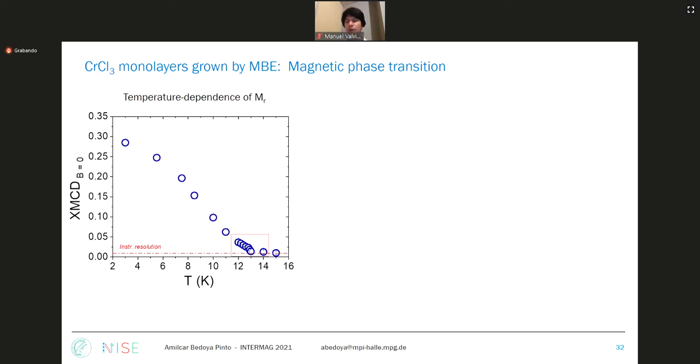In the last few minutes, I will also give you the second criterion for distinguishing, because what I want to tell you here is that we have now the intrinsic 2D XY magnetism. We have plotted the magnetization, that is the XMCD signal at zero field. Those are the remanent magnetization, and we look close to the phase transition, and we can fit the critical exponents, as I told in the introduction, that are particular for Ising or XY systems.